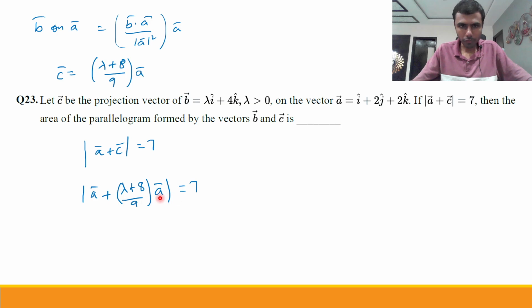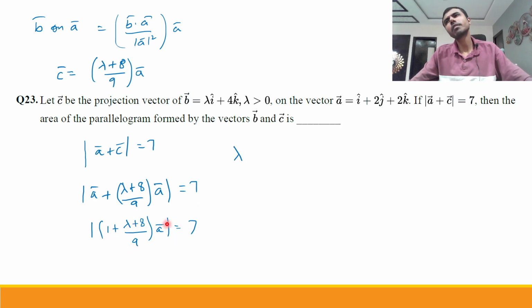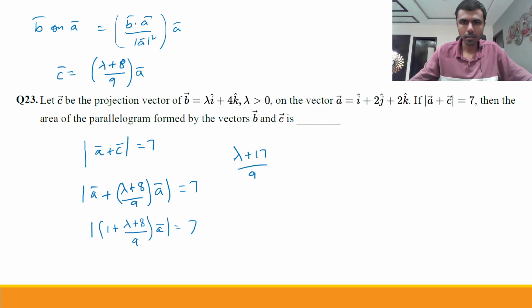So take A bar common and take LCM. What you would end up getting is, I'll show you the step, 1 plus lambda plus 8 by 9 times A bar is equal to 7. So what I would end up getting is 9 plus lambda plus 8, which would be lambda plus 17 by 9.